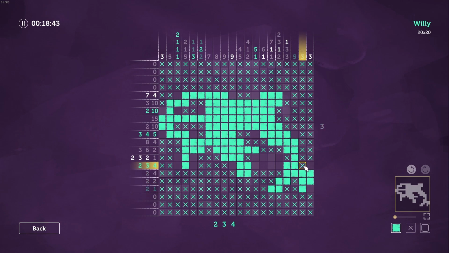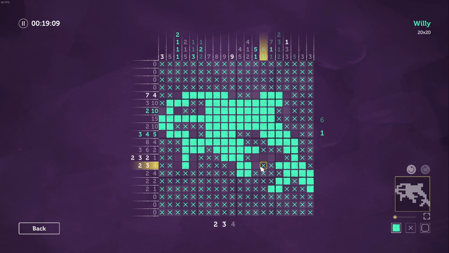So that means there'd be a gap here. But to finish this 3 clue, I need to either make a group of 1 here, which isn't clued, or to make a group of 2 here, which also isn't allowed because this row would be done. So this can't be filled in, this is filled in, and this 1 clue is done by the last term like this, and then the 4 extends out to here.